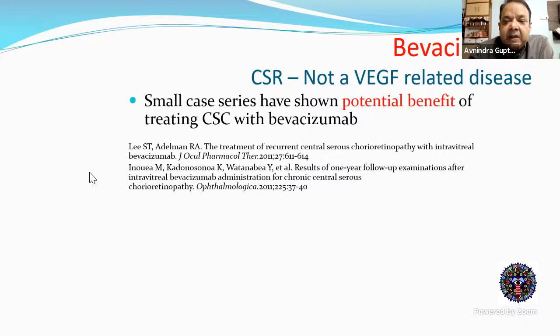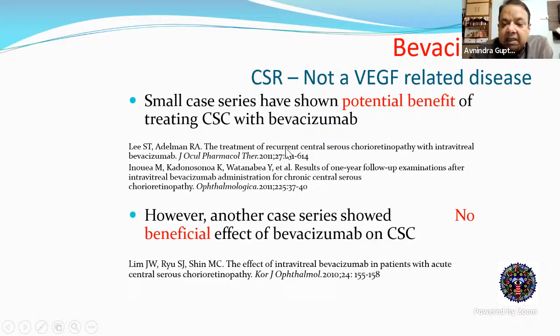Many reports are available about bevacizumab, but it is important to know that CSR is not a VEGF-related disease, and a small case series has shown potential benefit treating central serous chorioretinopathy with Avastin. However, another case series showed no beneficial effect of Avastin in central serous chorioretinopathy.